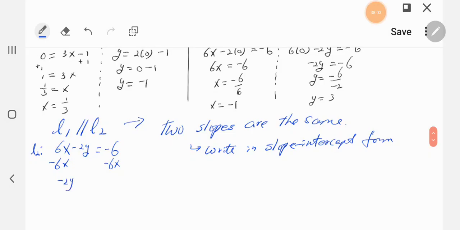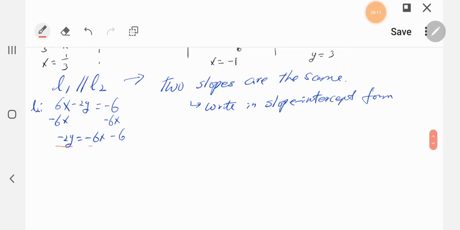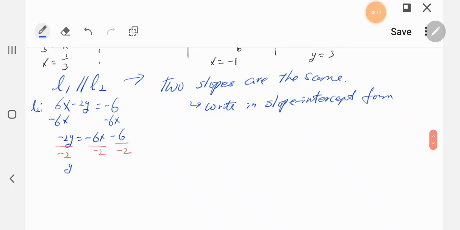Then negative 2y is equal to negative 6x minus 6. And then divide each side by negative 2. Then y is equal to positive 3x plus 3. So this shows that the slope of line 2 is 3, right?